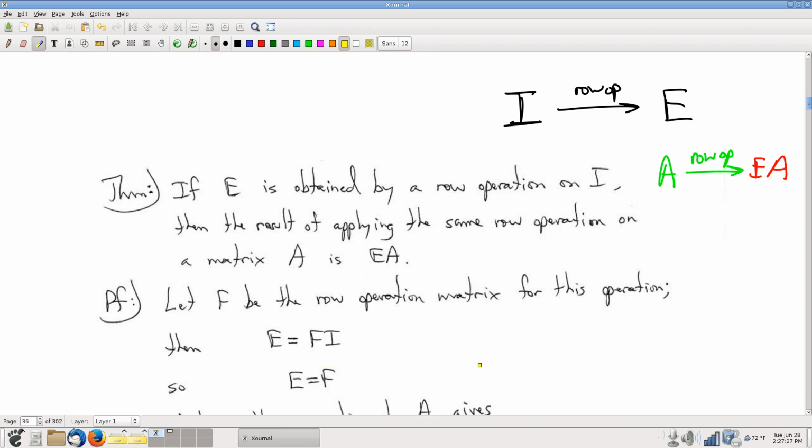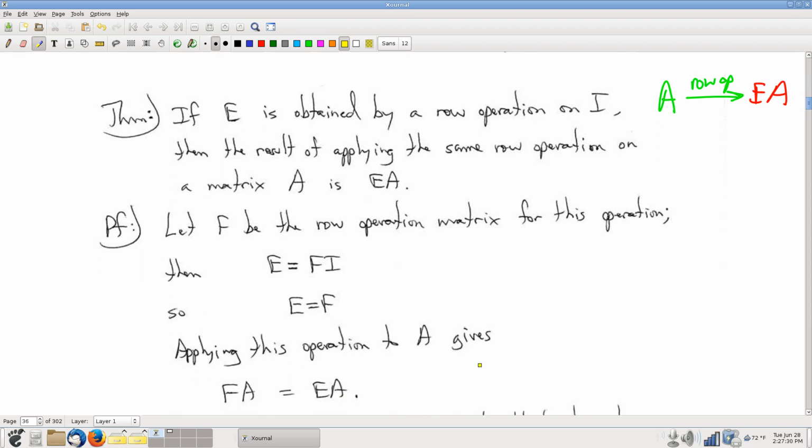Now, in order to get to our conclusion, I'm just going to multiply both sides of the equation by A. See my original equation here, E is equal to F. I'm just multiplying by A on the right on both sides. And now let's interpret what this says. What this says is that if you take a matrix A, and apply this same row operation to it, the same row operation because you'll see I'm left multiplying by the exact same row operation matrix that generated E in the first place.